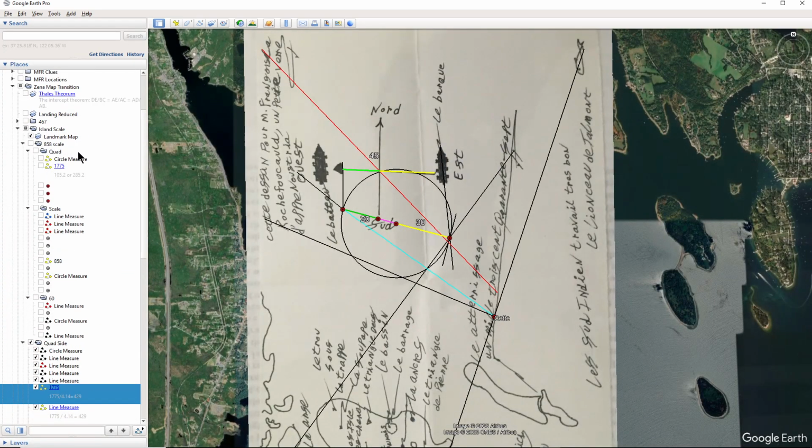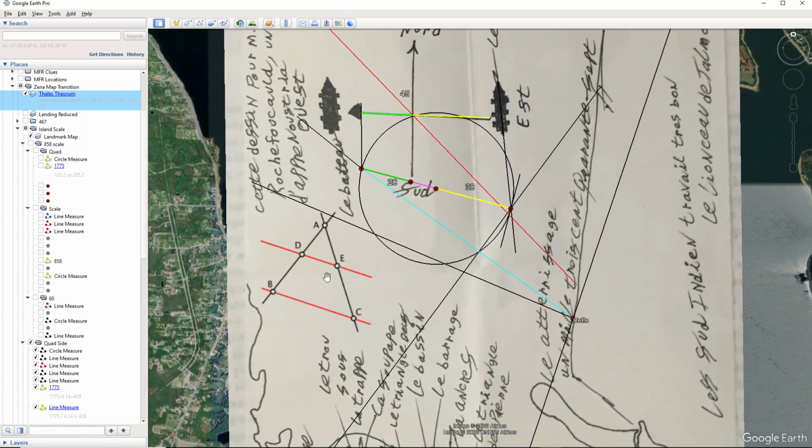I'll show you a little picture of it. This is the theorem we're going to talk about: where we have an intercept point and two lines that intersect at this point, we have triangles that are proportional to one another. This little triangle is proportional to the larger triangle. So this is the theorem we're going to use.